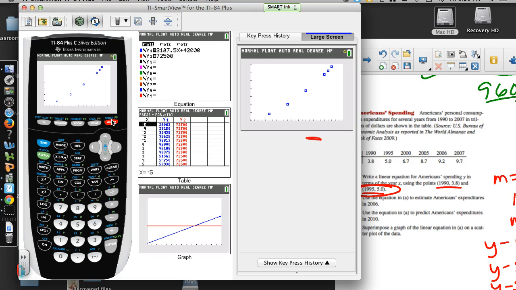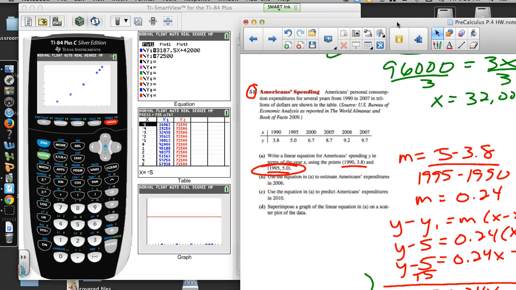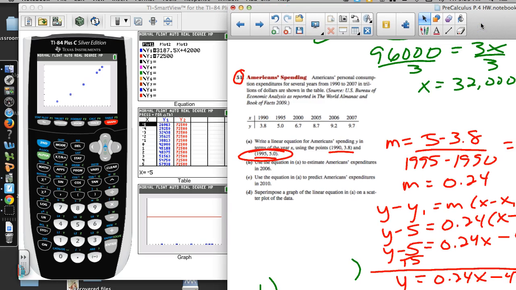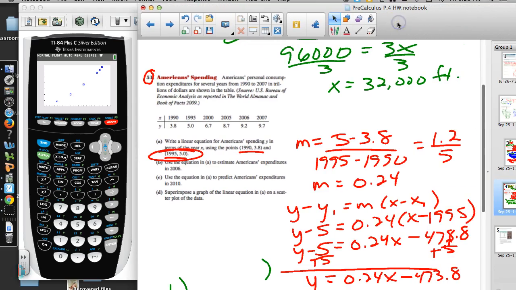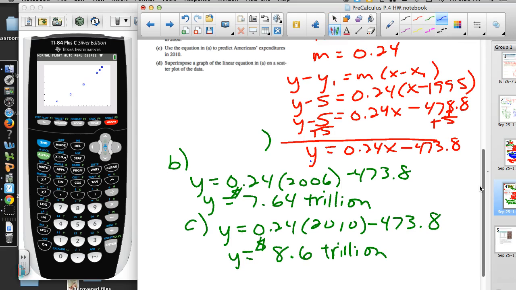Now the second part of this was that we wrote an equation for a line, and I want to make sure that you can see that while I'm punching it in. So that was way down here at the bottom. I better scroll that back up for you. Right here.